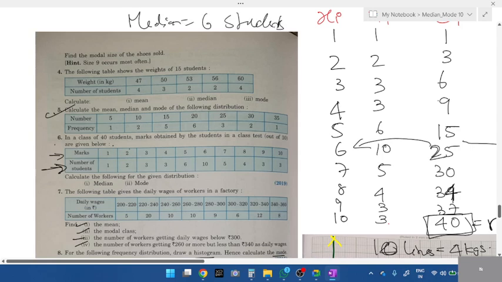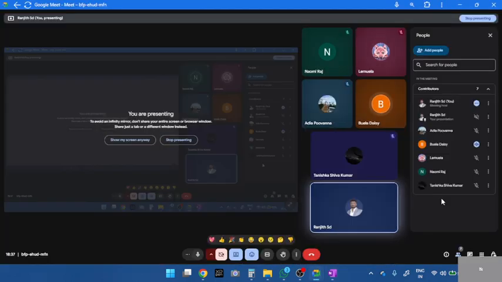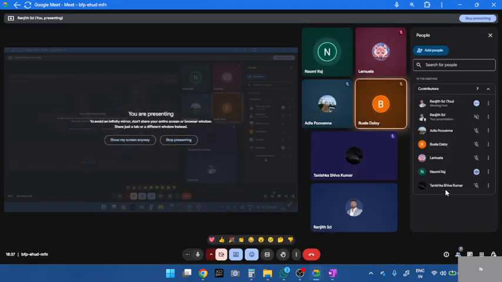And mode, what is mode, students? Mode is how many students? Mode is also 6, right? Is the answer correct? Can someone check the sixth one, students? Yes, respond, all of you. Tanishka, Mariana, answering. 6.